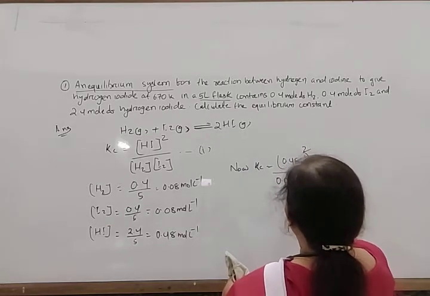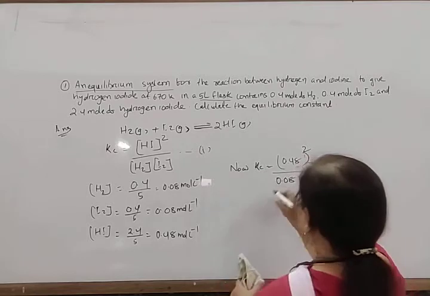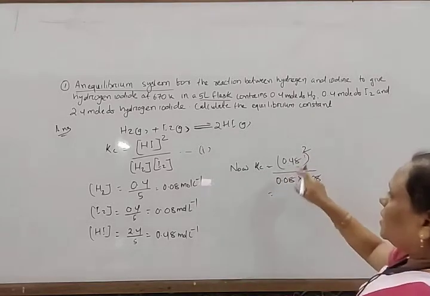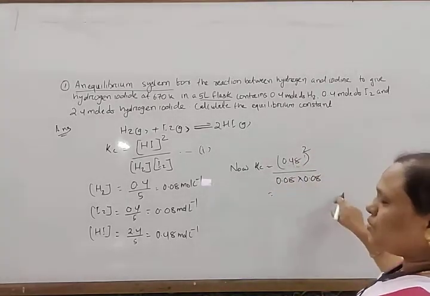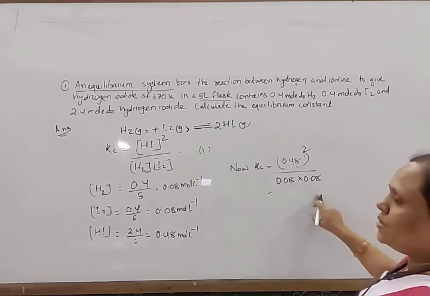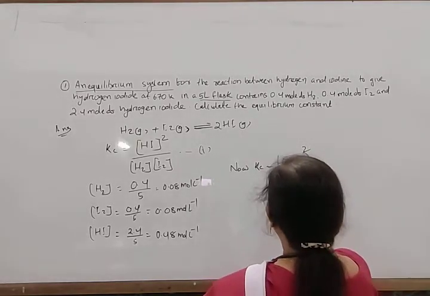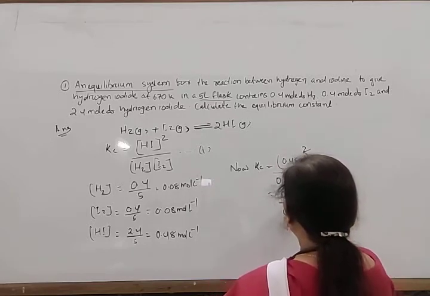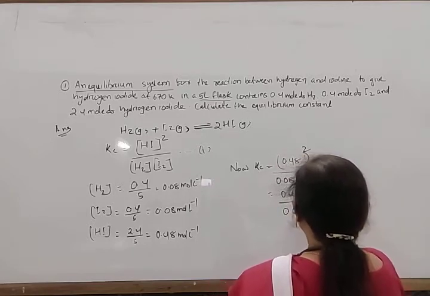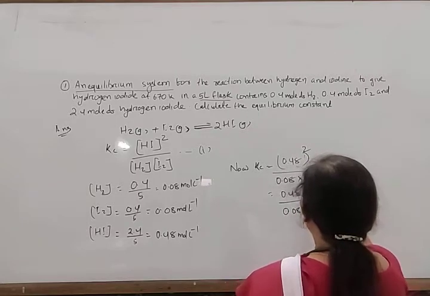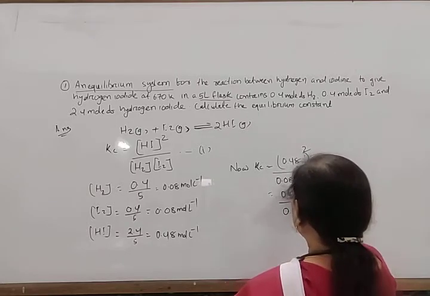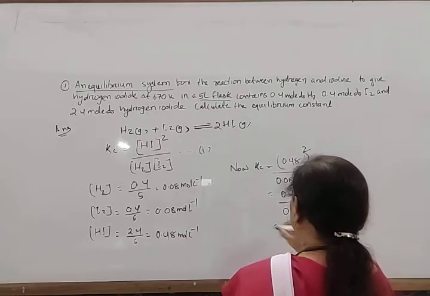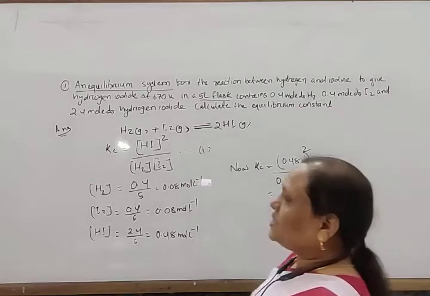So this value you can calculate: 0.48 into 0.48 divided by 0.08 into 0.08. This is 6 times 6, which is equal to 36. So the Kc value is 36.